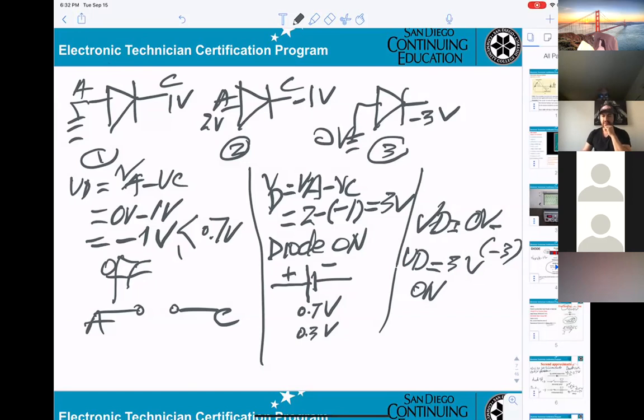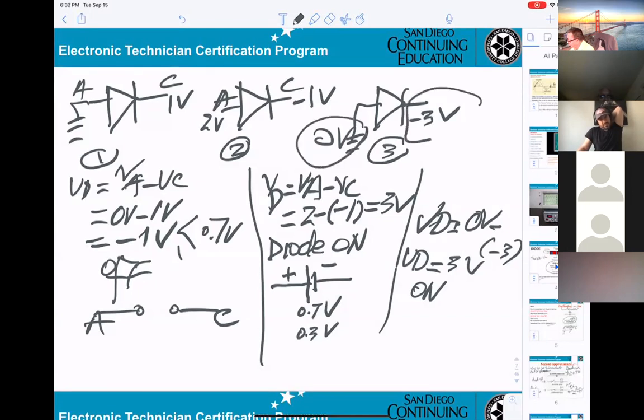So you're doing a calculation: 0 minus 3, that's what you get, minus 3. They just compare one side and the other side. The potential, which one is higher?